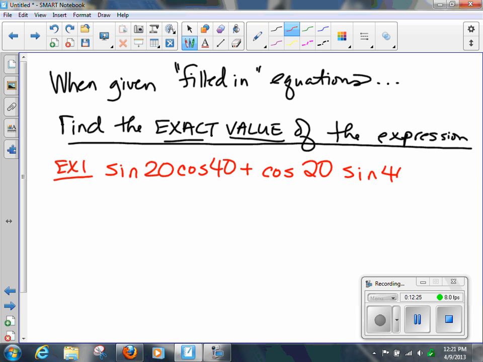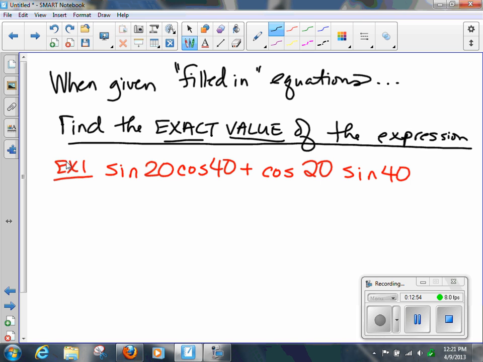This is why it is so important to have your formulas correct on your card. What's this look like? This looks like the addition of sine. How do you know? Because you're looking at your card.